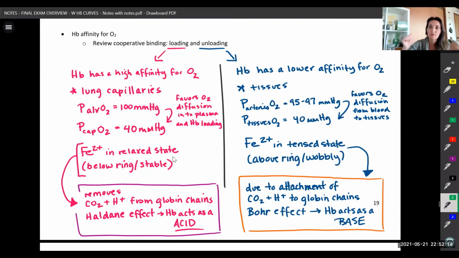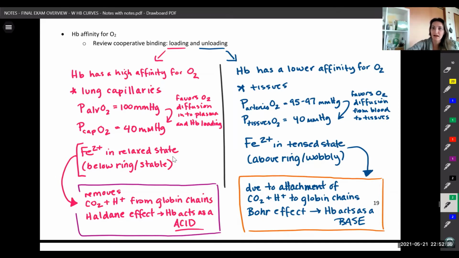So we say we remove the CO2 and the hydrogen ions from the globin chains, the hemoglobin chains, and the removal of those acids, if you will, is called the Haldane effect. The hemoglobin is acting like an acid, especially because it's releasing the hydrogen ions.